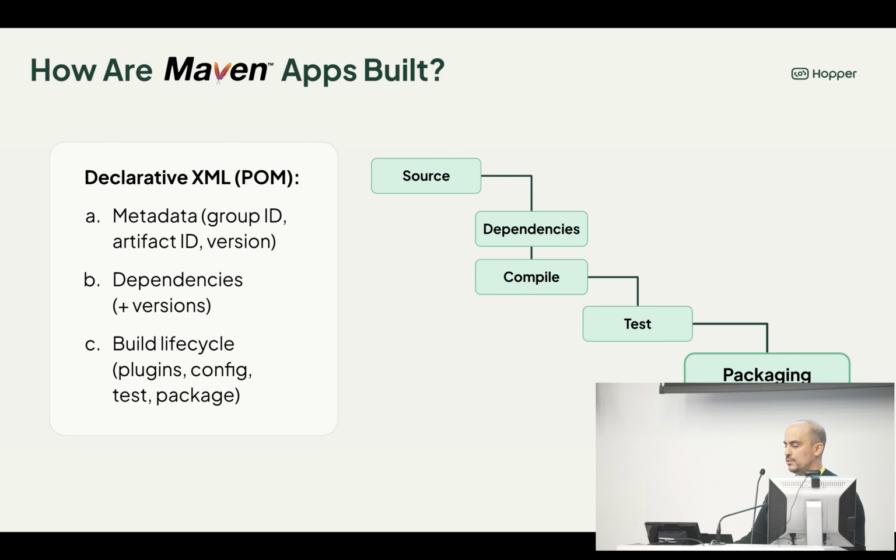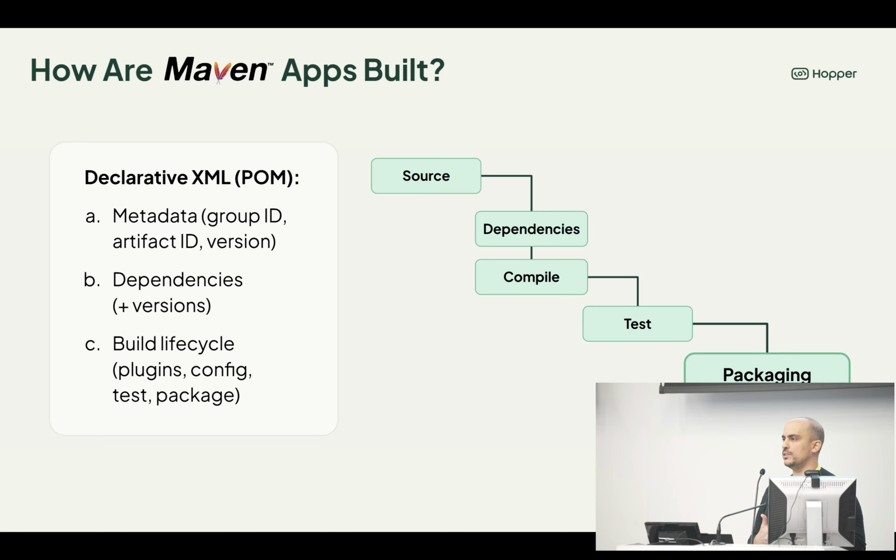We take the source, we take the dependencies. We need to resolve the dependencies, because now we only have the direct dependencies. We get them most of the time from Maven Central. We can get them from internal artifact repositories, JFrog Artifactory or Sonatype Nexus, for example.